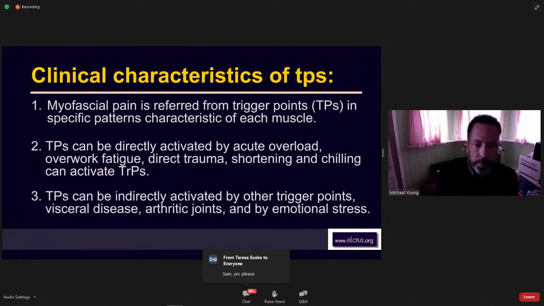So trigger points can be directly activated by acute overload, car accident probably being the most common, overwork, fatigue, like being a cashier and using your arms too much. Also direct trauma, shortening and chilling, and doing things that you're not used to.